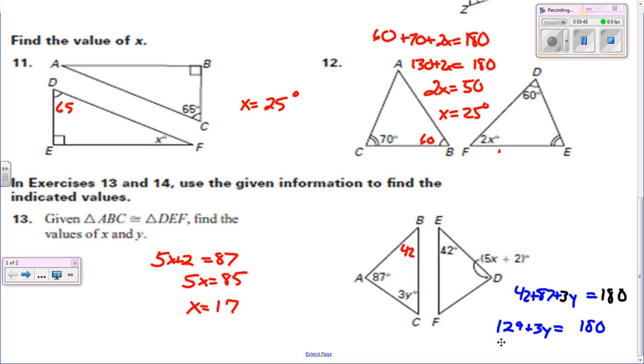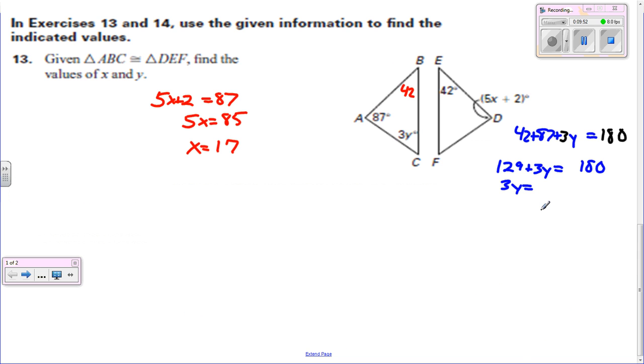Subtract the 129, get 3y equals 51, and divide by 3, you get y equals 17. So x is 17 and y is 17.